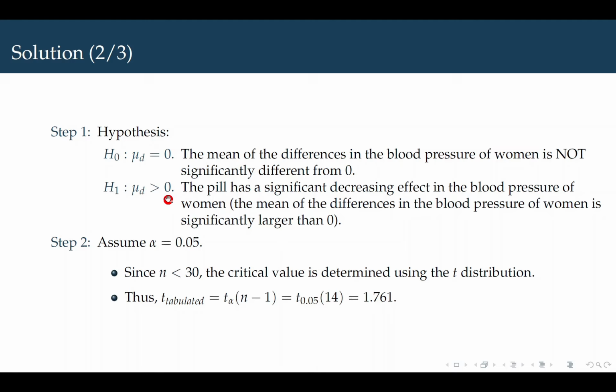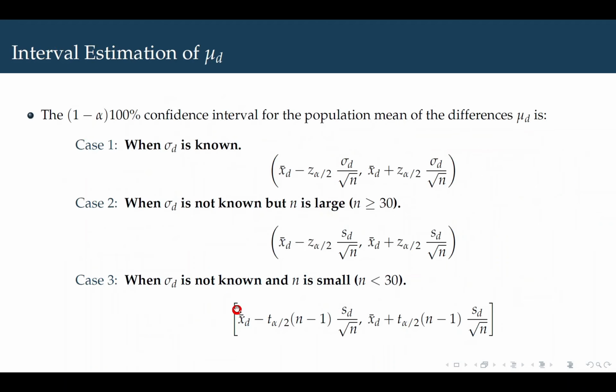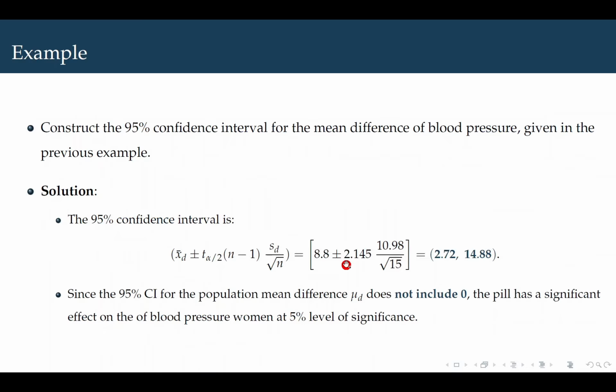Due to this one-sided alternative hypothesis, we obtained the tabulated value as t alpha. But for the construction of the confidence interval, we consider t alpha over 2 with n minus 1 degrees of freedom, which is different from t alpha with n minus 1 degrees of freedom. T alpha was used in the previous hypothesis testing example, but for the confidence interval we have to use t alpha over 2.